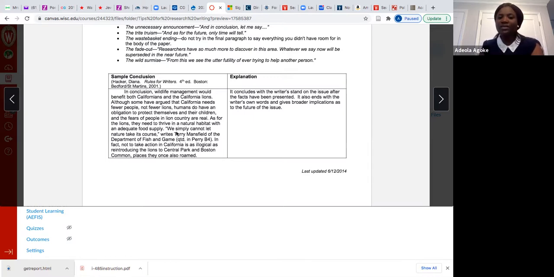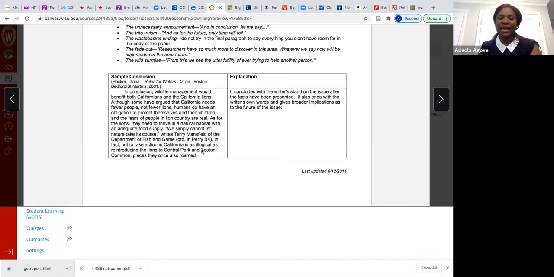And then supporting that with a very profound citation from here. We simply cannot let nature take its course, writes Terry Mansfield of the Department of blah, blah, blah. So sometimes you may want to bring a very rhetorical citation or quotation to the end of your conclusion that leaves your reader thinking about the arguments you made.